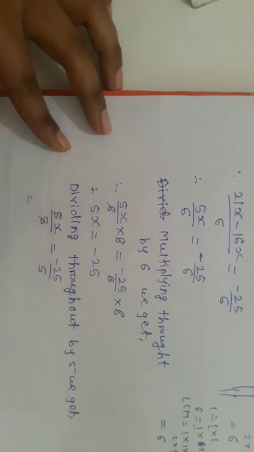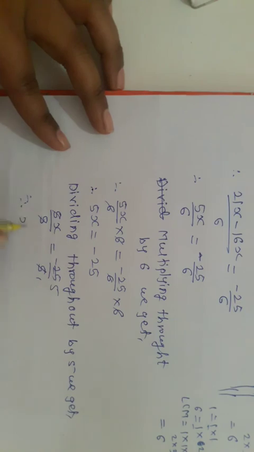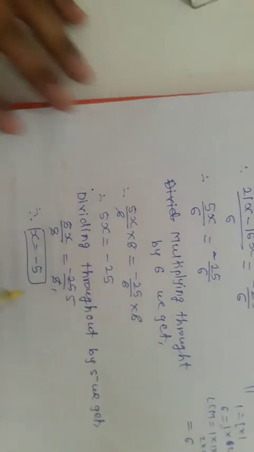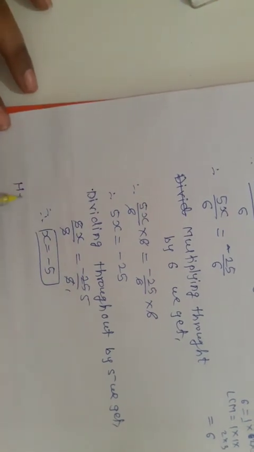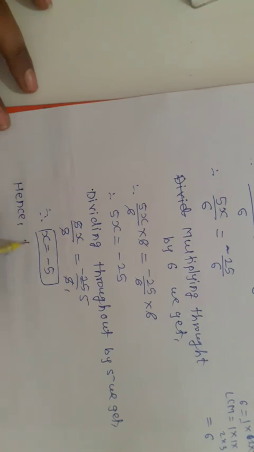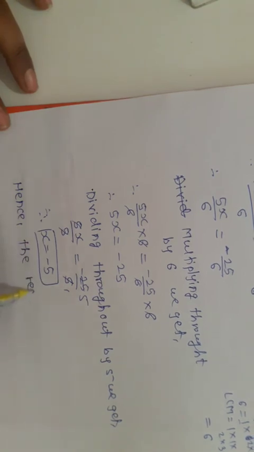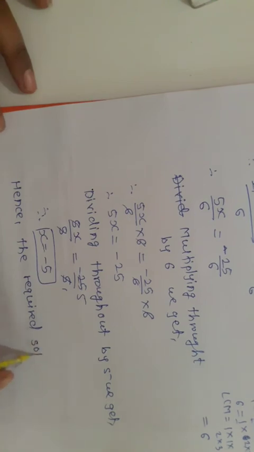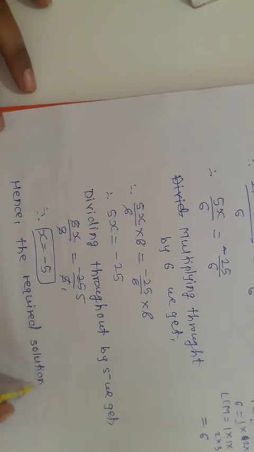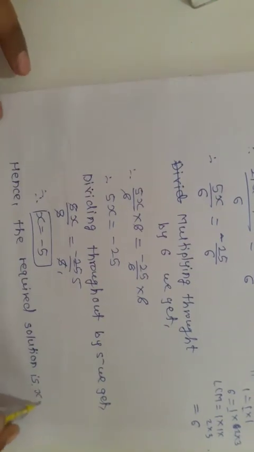The 5 gets cancelled, 5 ones are 5, 5 5s are 25, therefore x is equal to minus 5. Write down the answer: hence the required solution is x is equal to minus 5.